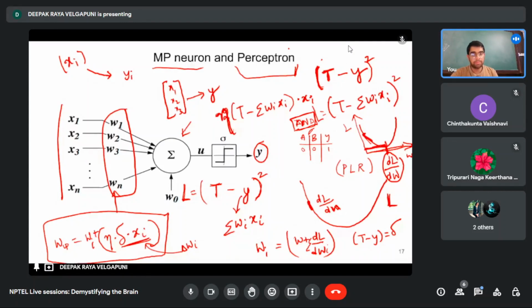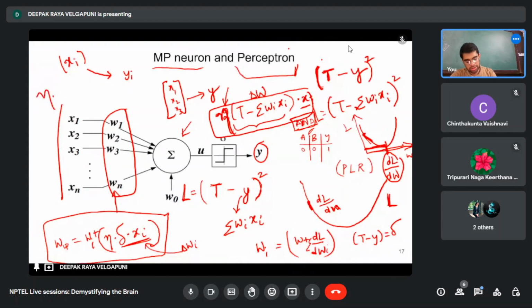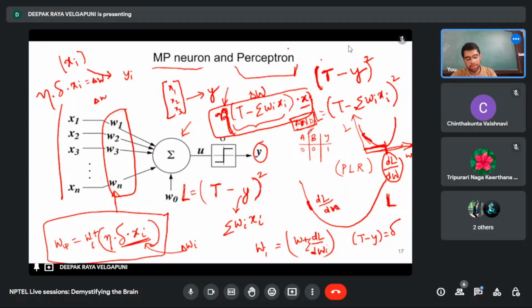So the backpropagation perceptron learning rule says: eta times the difference, by updating the weights. Let's say this whole thing is delta w. That is eta times the difference between target and actual output times xi. This is delta w. So you update the weight by adding it to the previous weight.